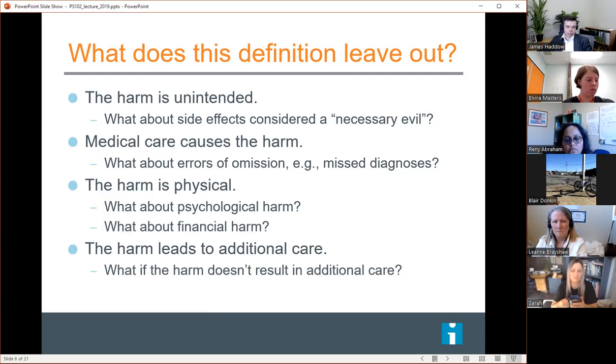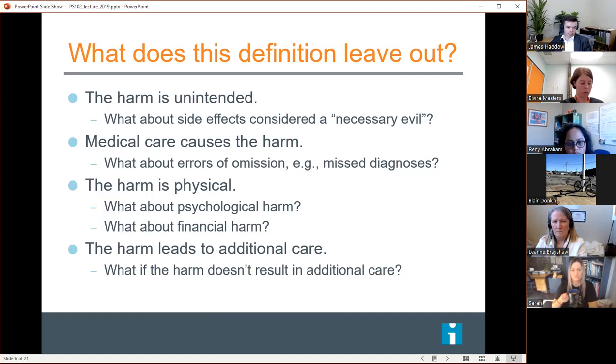That's what we do in medical treatments quite often, especially chemotherapy, for example. A lot of patients will get a peripheral neuropathy as a result of chemotherapy, but they accept that because of the benefits to their longevity. Still harm though, isn't it?